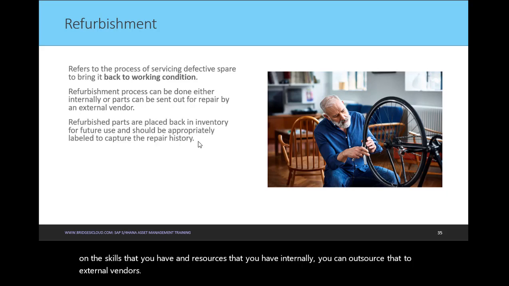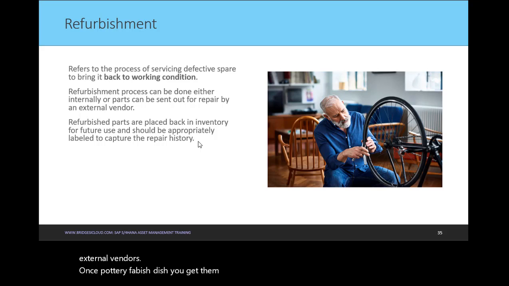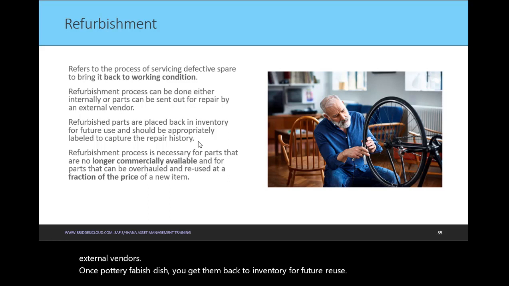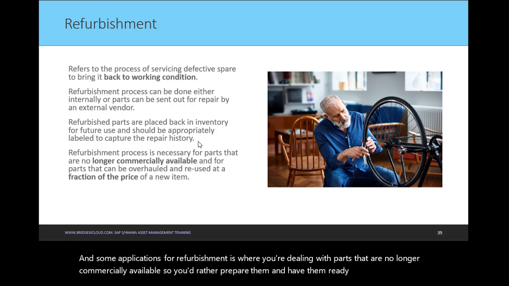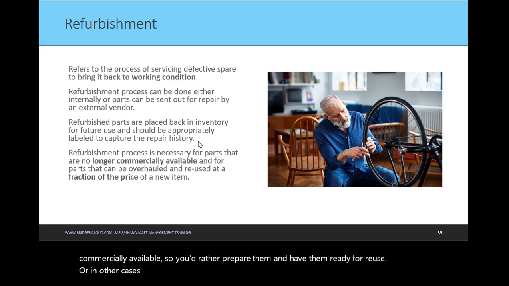Once parts are refurbished, you get them back to inventory for future reuse. Some applications for refurbishment are where you're dealing with parts that are no longer commercially available, so you'd rather repair them and have them ready for reuse. Or in other cases where it's probably cheaper to overhaul or to refurbish.